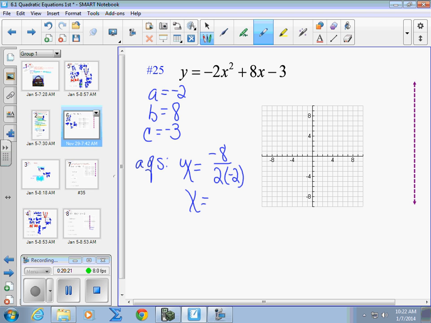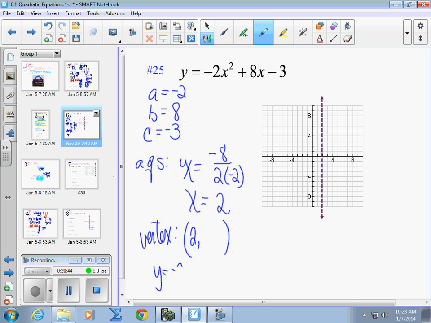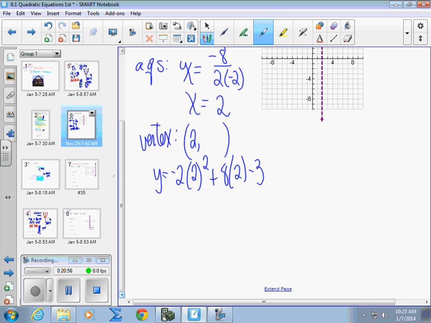So x is equal to 4. Plugging in, negative 2 squared plus 8 times 2 minus 3, we get y is equal to 5.